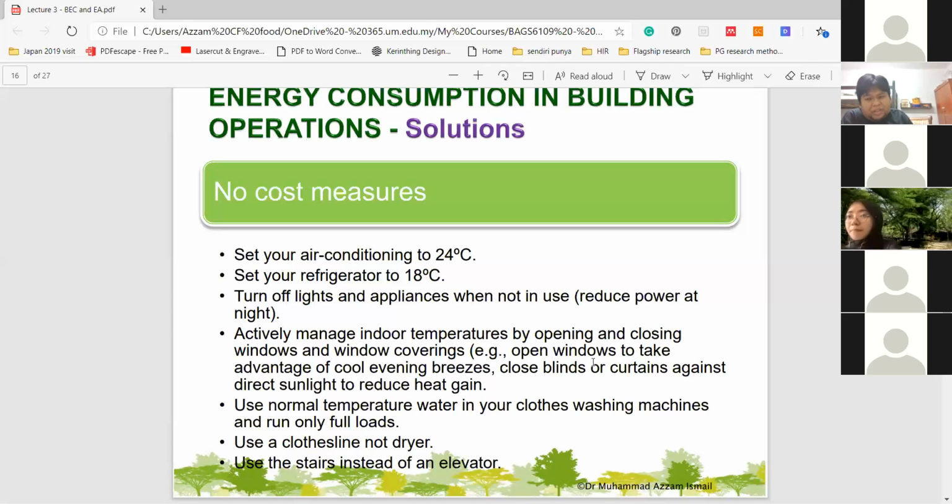But the point is, actively manage your indoor temperature. When you wash your clothes in your washing machine, you don't have to use hot water. Somehow or other, people use hot water. Why? There's no point. It doesn't really make any difference if you wash your clothes with cold water or hot water.